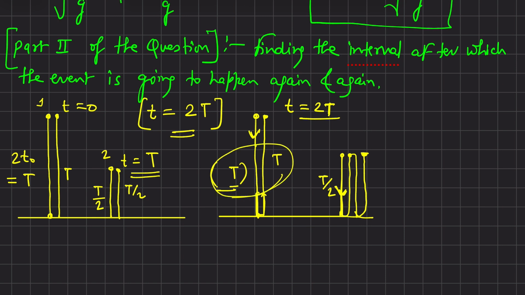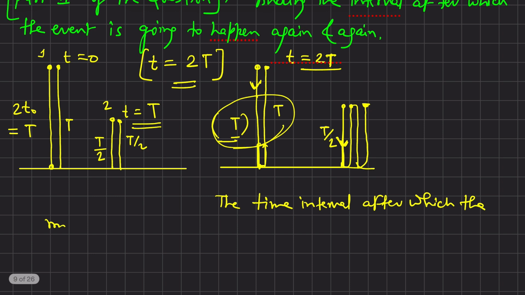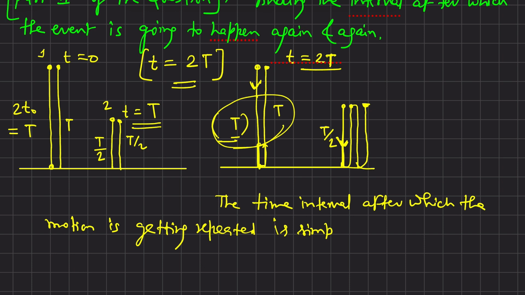So it means the time interval after which the motion is getting repeated is simply 2t.